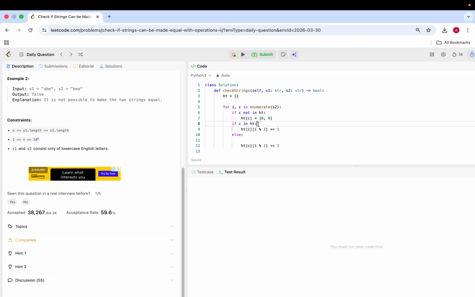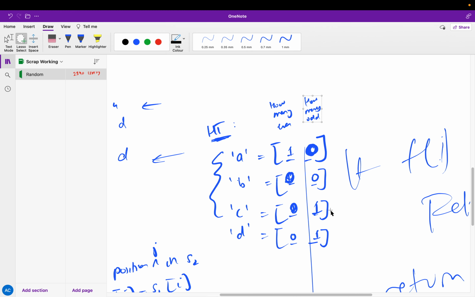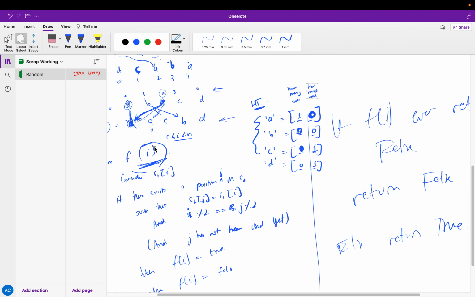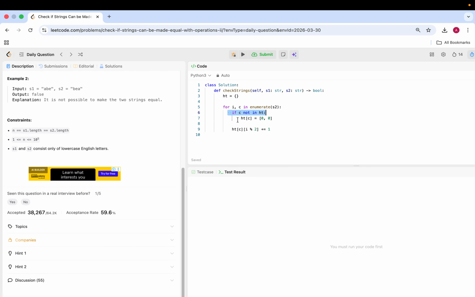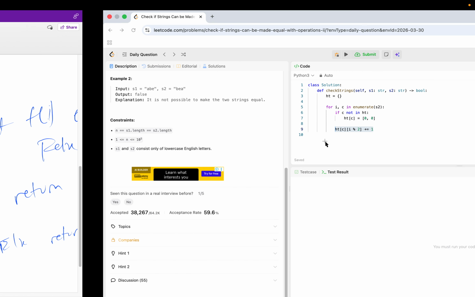And then just run this line. Okay, so I'm quite confident that this should handle the original construction of this hash table when iterating through S2. We put something in there if it doesn't exist, and then we increment the relevant side depending. Okay, good.